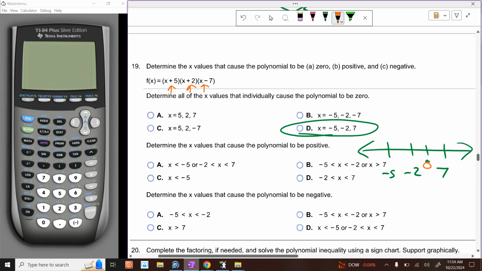Positive times a negative is a negative. So if it's negative here, it should be positive here. It should be positive here. It should be negative here, because there's no double roots. So it's positive between -5 and -2, and then positive after 7. So that one. Where is it negative? It's negative less than -5 and in between 2 and 7.